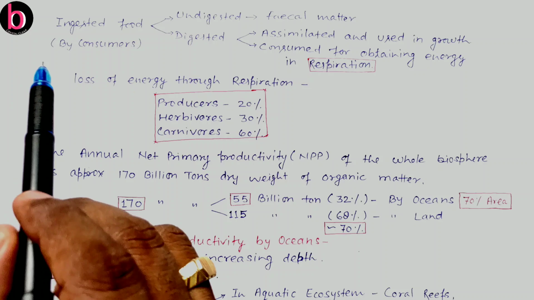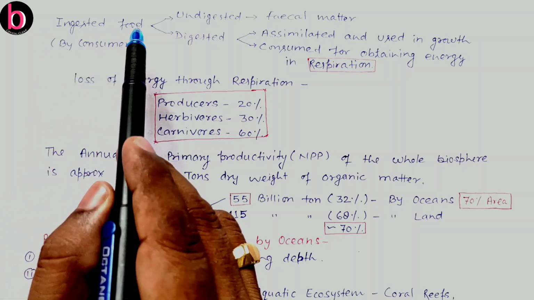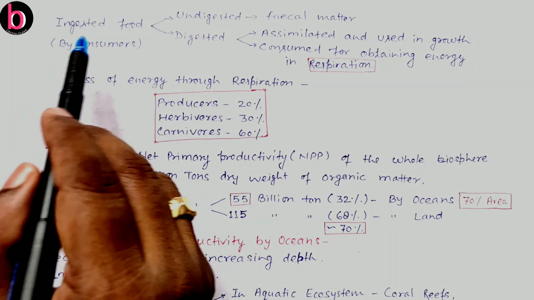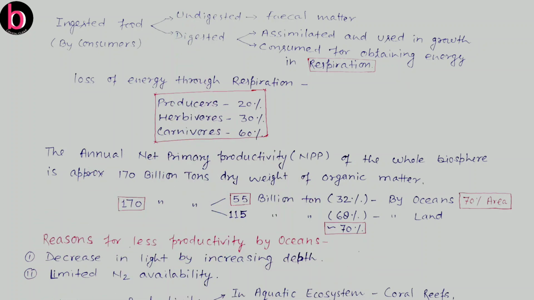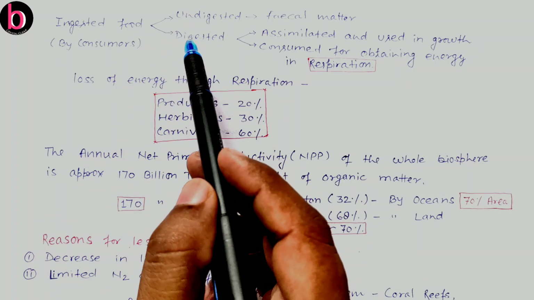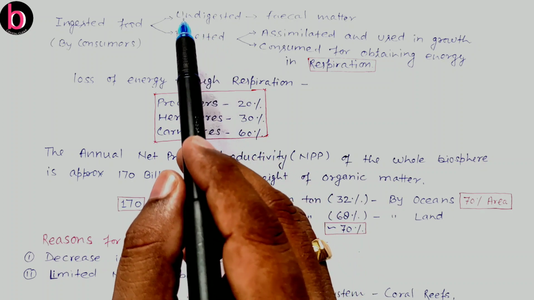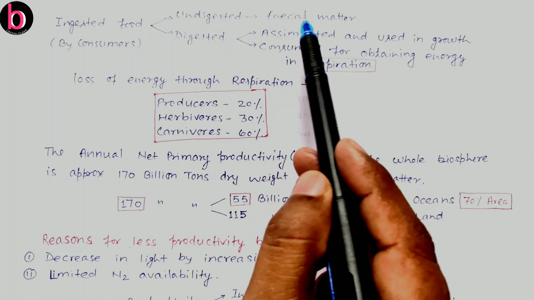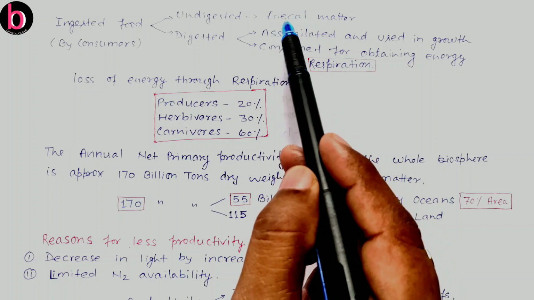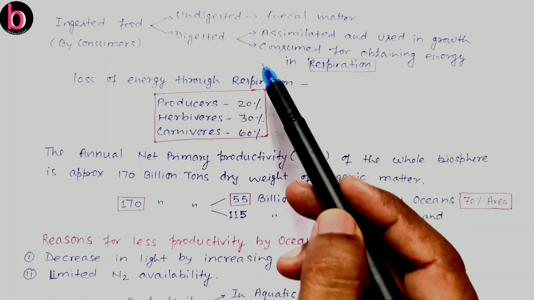As we discussed, consumers are heterotrophs, depending on plants for their needs. So they ingest food. The ingested food present in consumers is further categorized into two. Some food is properly digested because of enzymatic activities, while some remains undigested. This undigested food passes out from the digestive tract as fecal matter, while for the digested food there are two options.